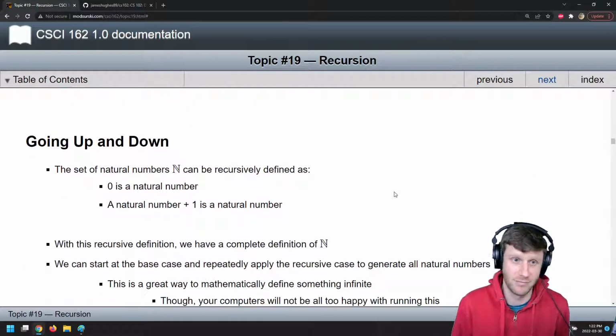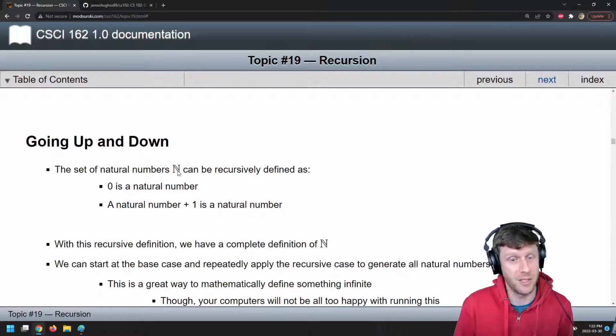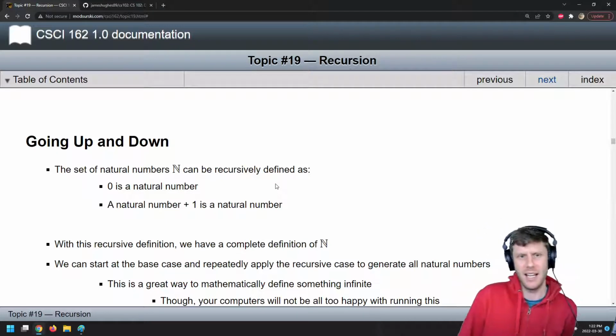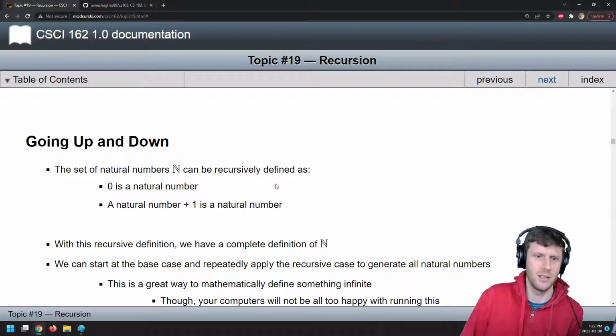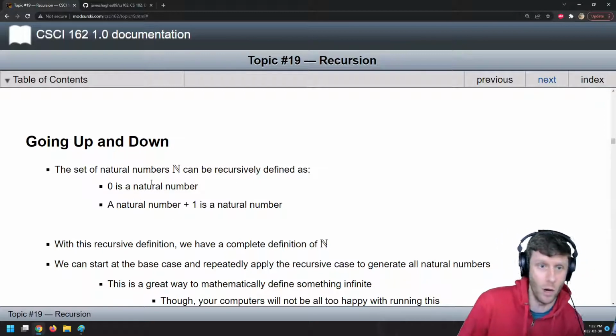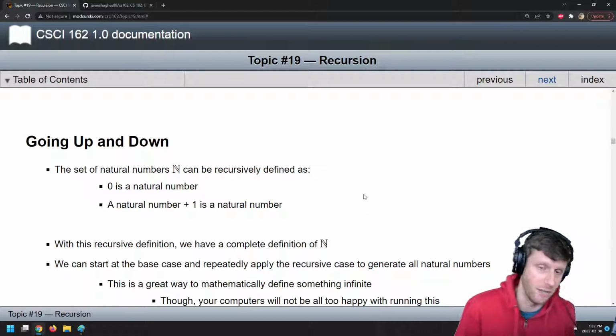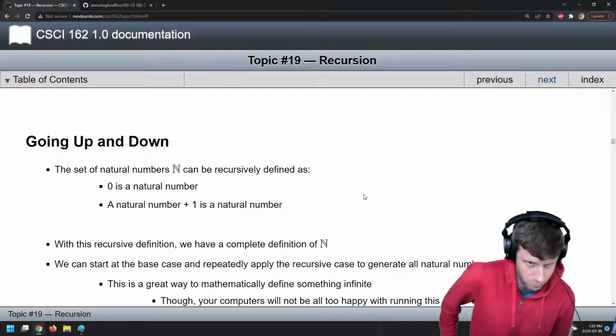Now, the set of natural numbers can be recursively defined as, well, 0 is a natural number, and a natural number plus 1 is also a natural number.